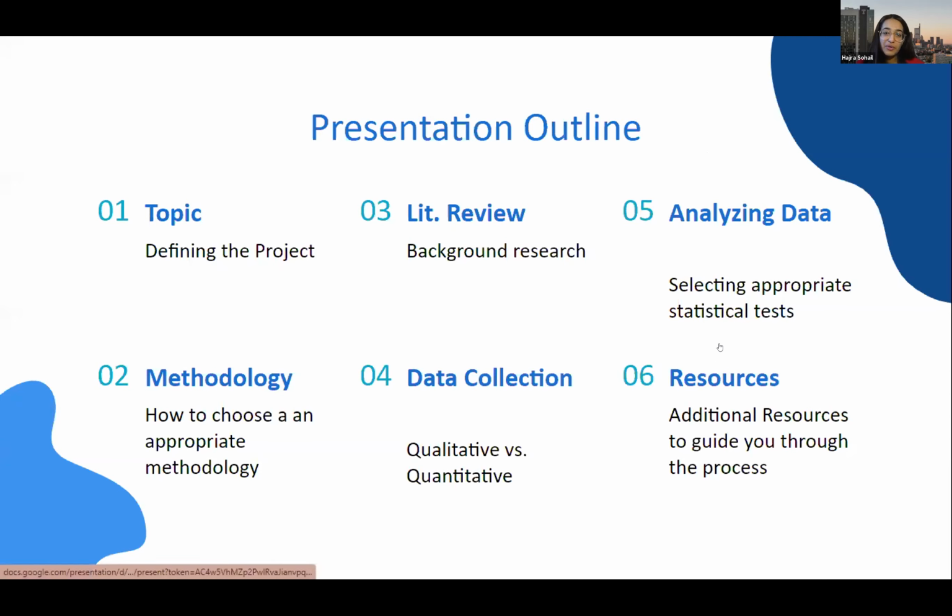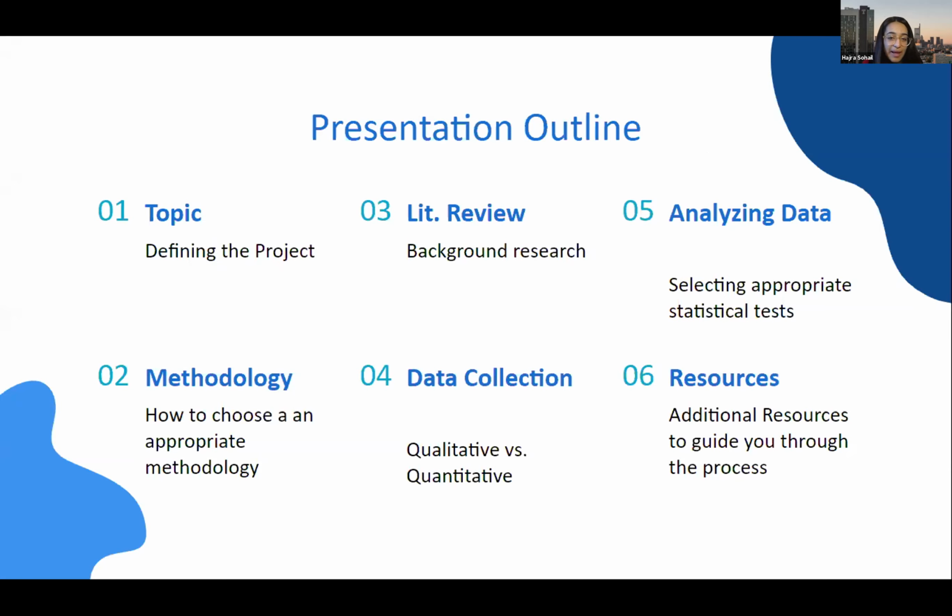All right, so the outline for today is we're going to be going through six main topics, six main ideas, I guess you could say. So first, we're going to be talking about defining your project. And then second, how you are going to operate the project.